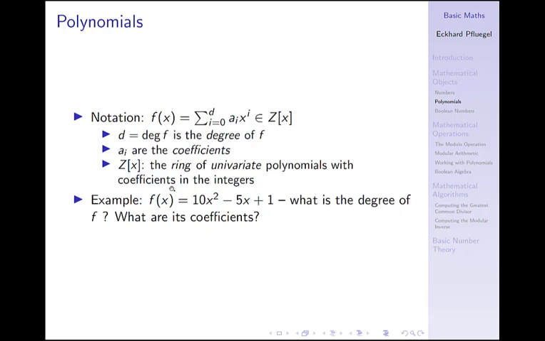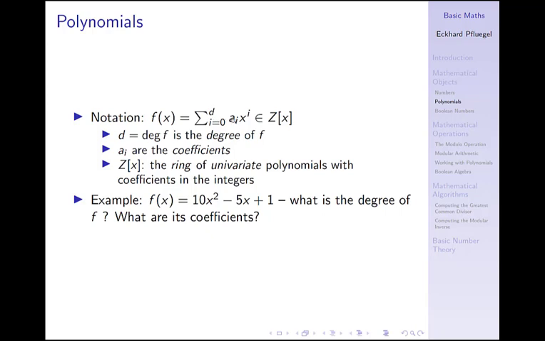So a polynomial f, quite often we use the variables f, g, h for polynomials, can be written as a finite sum of powers of your variable times these factors, which are the coefficients. So you need to get used to this notation first of all. This funny thing here, the sigma, is basically a shortcut for denoting the sum.